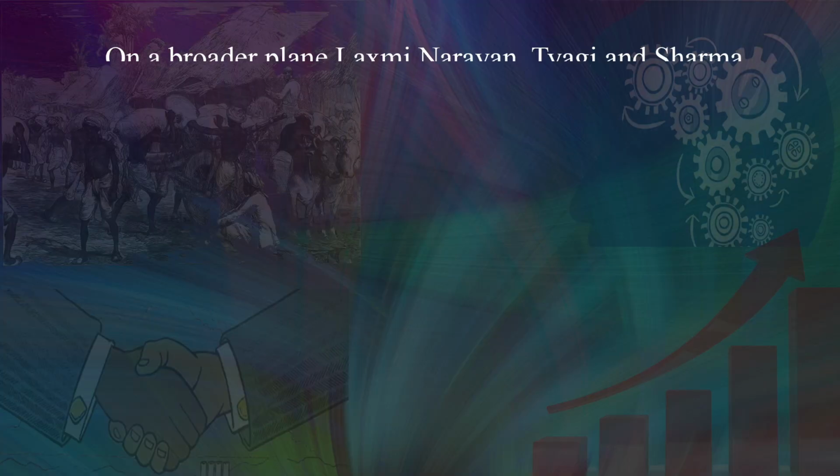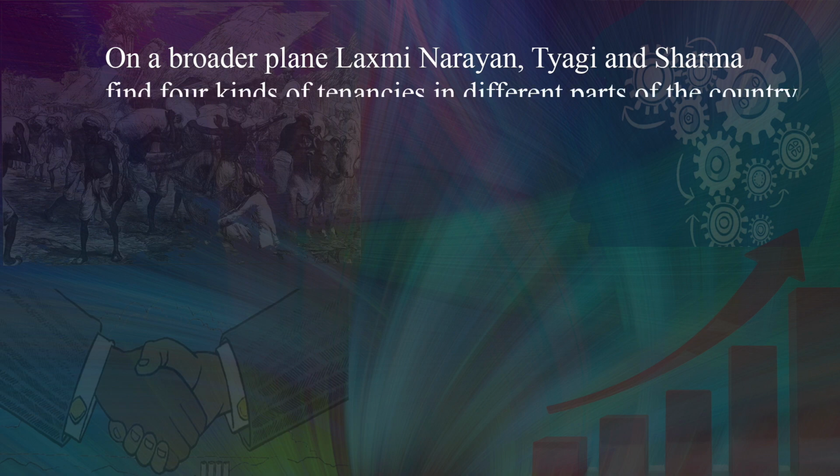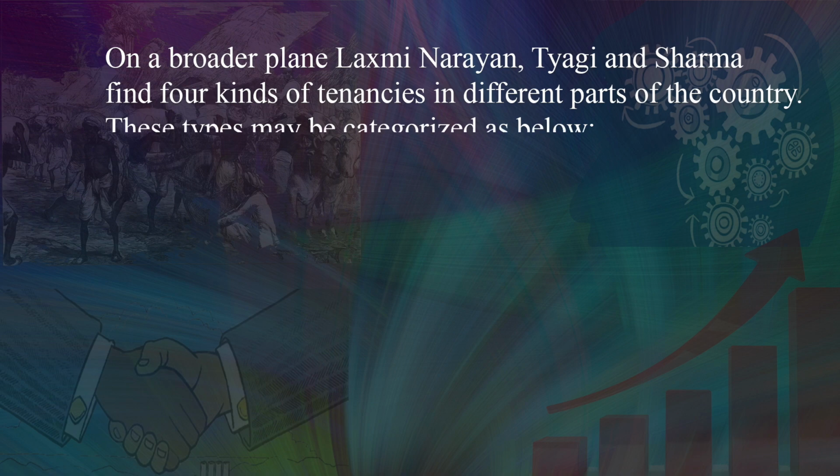The interstate variations in regard to types of tenancy have been elaborately examined by Lakshmi Narayan and Tyagi. On a broader plane, Lakshmi Narayan, Tyagi and Sharma find 4 kinds of tenancies in different parts of the country. These types may be categorized as below.